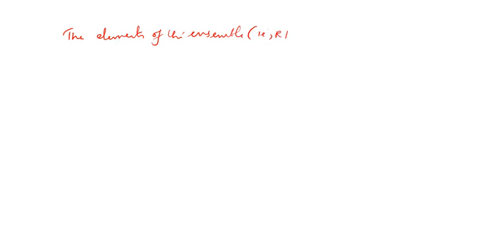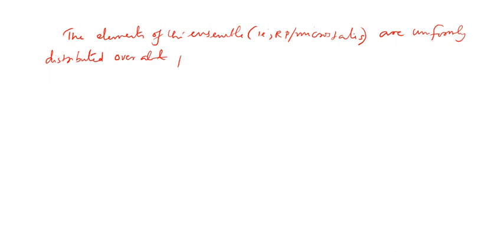Each representative point is denoting a microstate. Elements of the ensemble are uniformly distributed over all possible microstates.